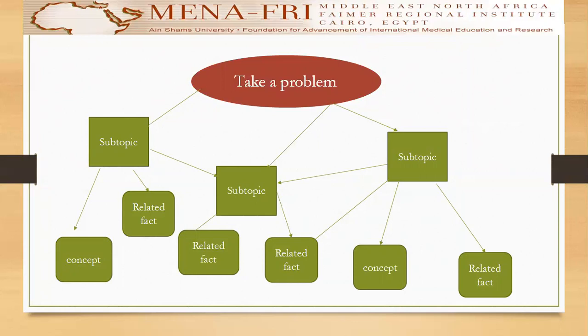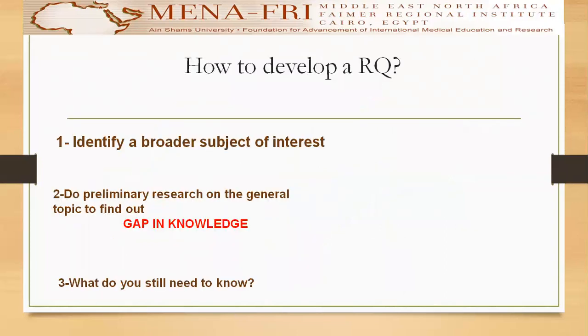At the end, I have a mind map or concept map, including all the related issues to my problem. So these are the steps of how to develop a research question.